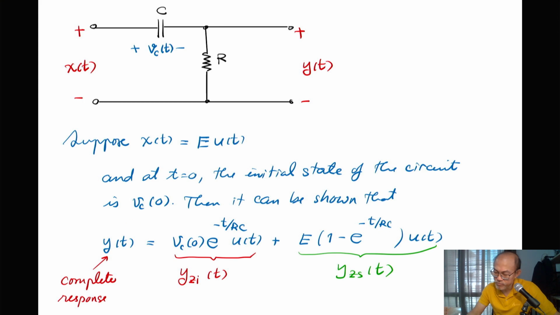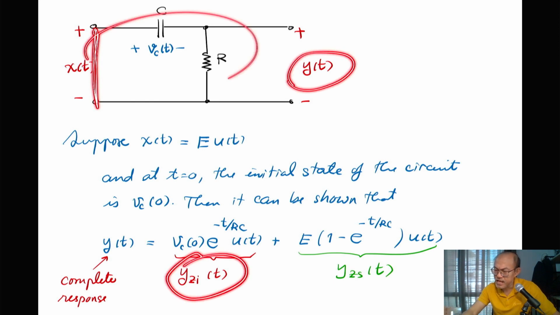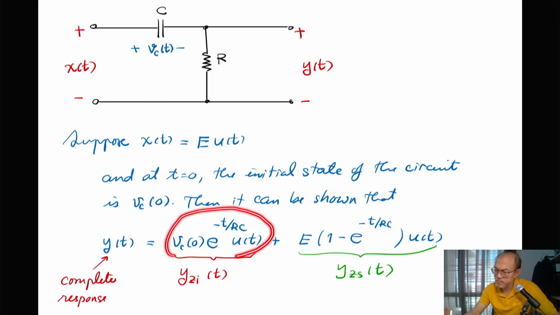You can find your response by finding these two things separately and then add them in the end. You can first find the zero input response by setting the input to zero, and then you measure the output, and the output will be called the zero input response. In this case, the output is given by this expression. Then you take a note of it.